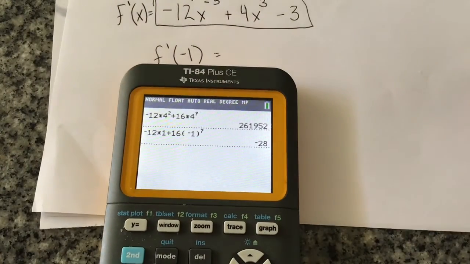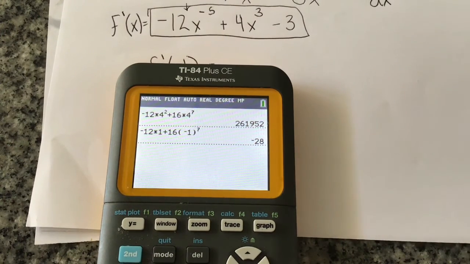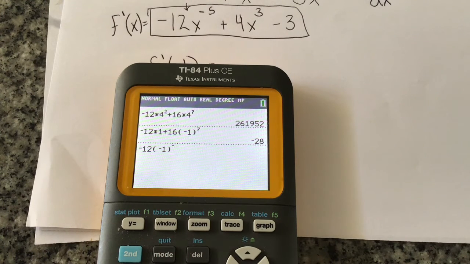So we'll start with -1, trying to get everything in frame. So -12 times -1 to the -5th. Typing in negative exponents isn't something we do often, but it works the exact same way as anything else.